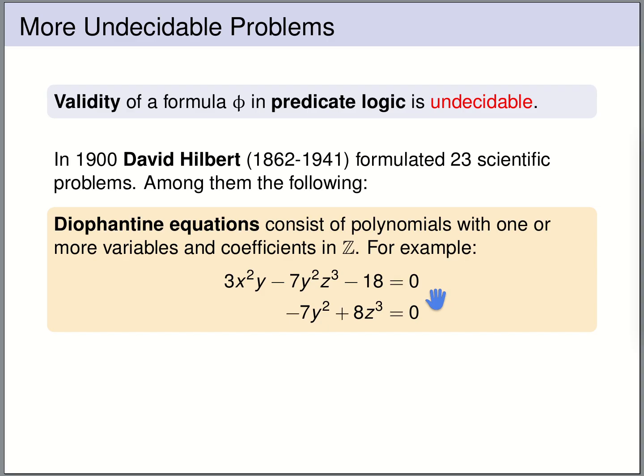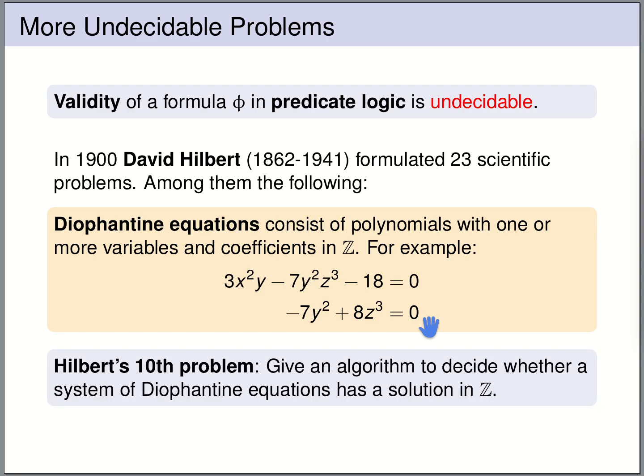The question is: given such a system of polynomial equations, is there an assignment of the variables that is a solution of the system, where the variables should be assigned with integers? This became known as Hilbert's 10th problem. Hilbert asked whether it's possible to decide whether there's a solution or not, and it was open for quite a while.